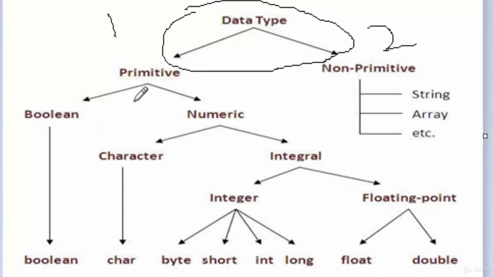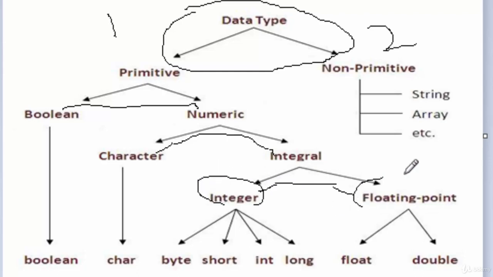In the primitive data types, we have two more types, which are numeric and boolean. The numeric has two more types, which are character and integer. When we turn to the integer, we have two more parts: one is integer and another is floating point.